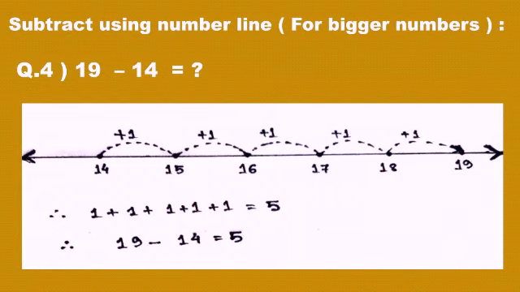We are going to learn the subtraction for the bigger numbers using number line. Here the question is, we have to subtract 14 from 19. What I have done here, see, I have started with the number 14. This is my starting point.